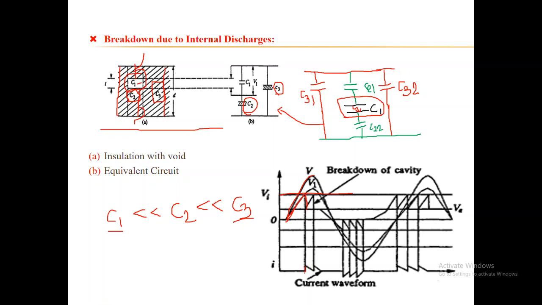So the current increases and the voltage is reduced. At the same time, as the voltage is still increasing, the potential across the cavity increases, and again the discharge takes place when the voltage across it becomes equal to its breakdown value. So again one observes the current peak as well.